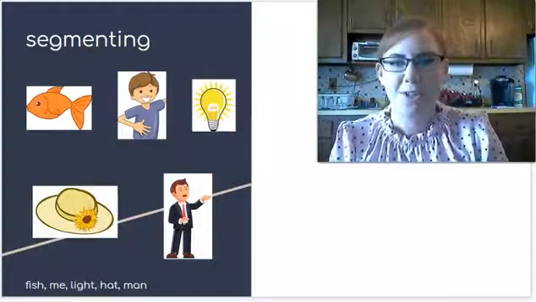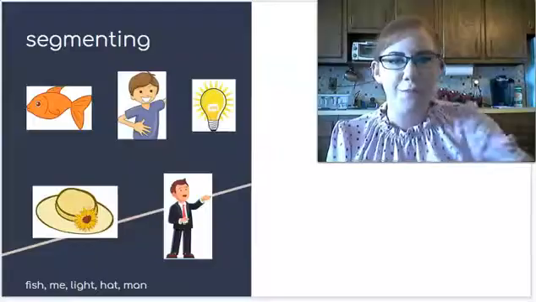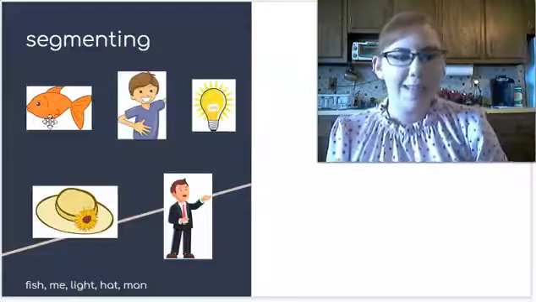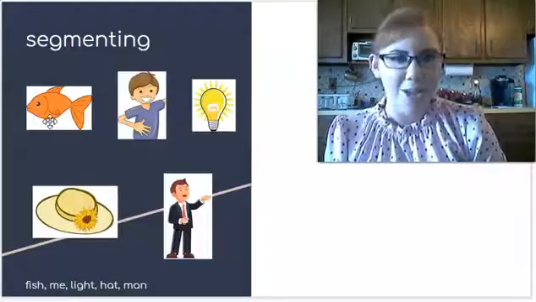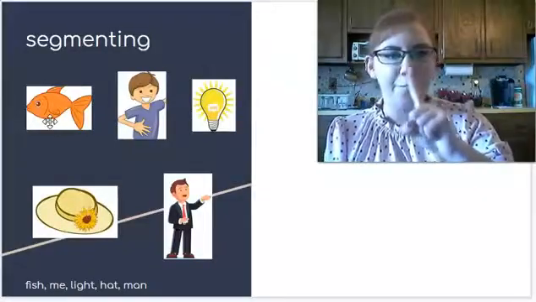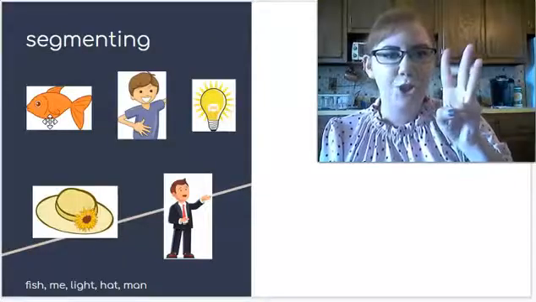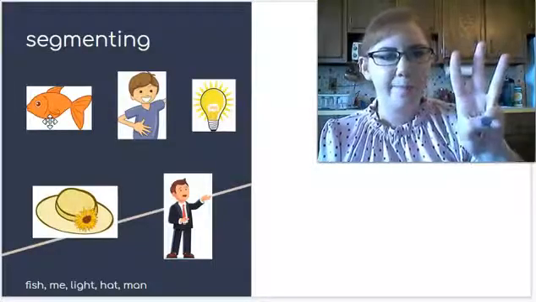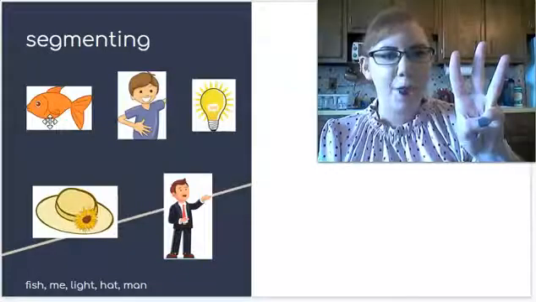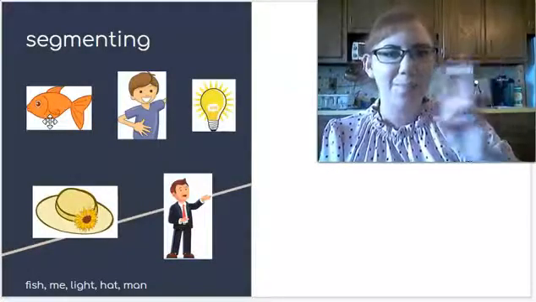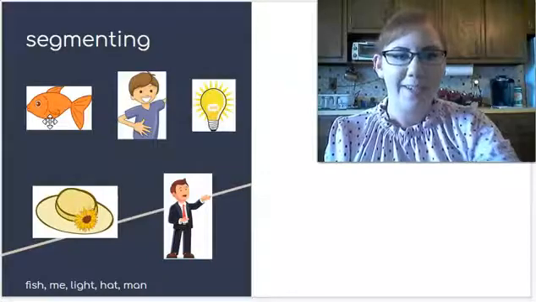Let's try some more to see how many sounds each of these words has. We're going to use the pictures to help us. The first picture is a fish. Let's see how many sounds fish has. 3. Fish has 3 sounds. Count with me.